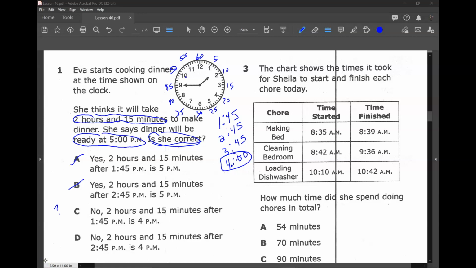No. 2 hours and 15 minutes after 2:45 would be 5 o'clock. We said it's going to be ready at 4. So our answer is C.